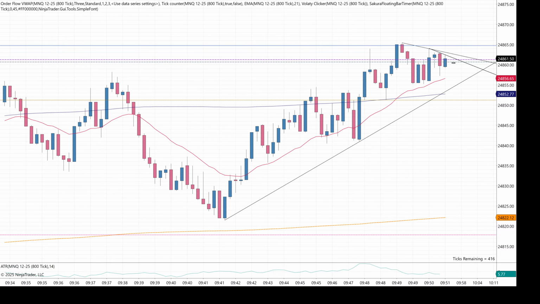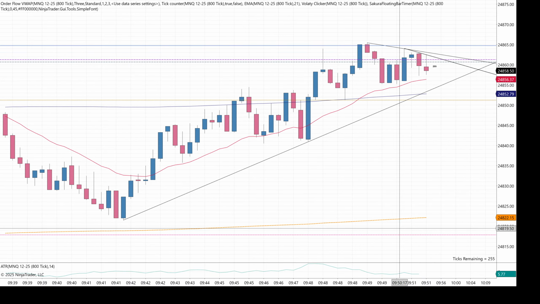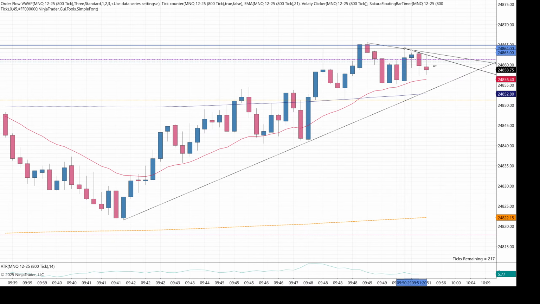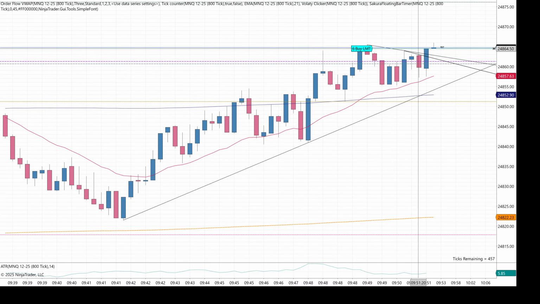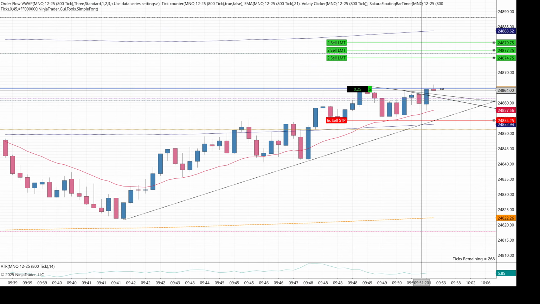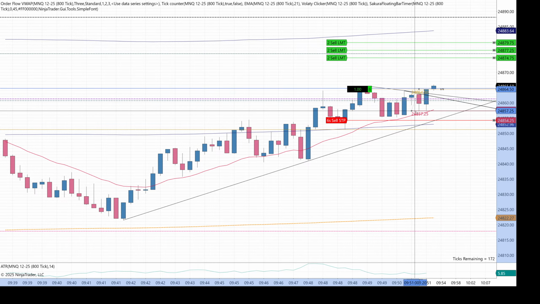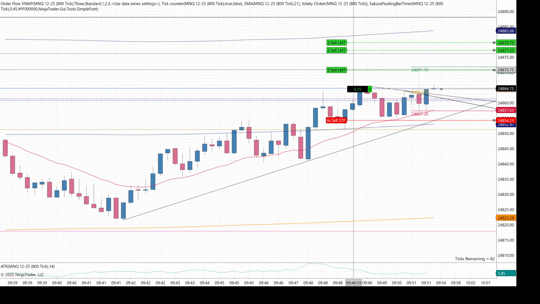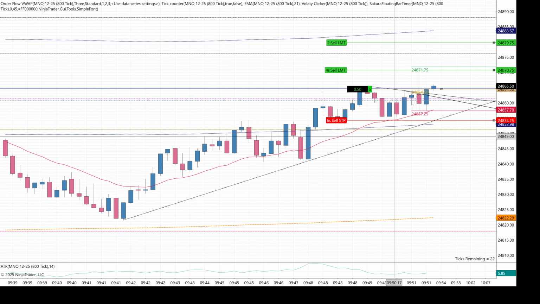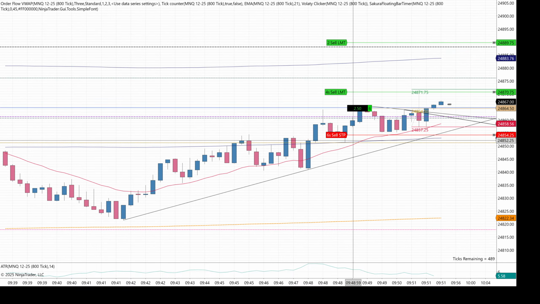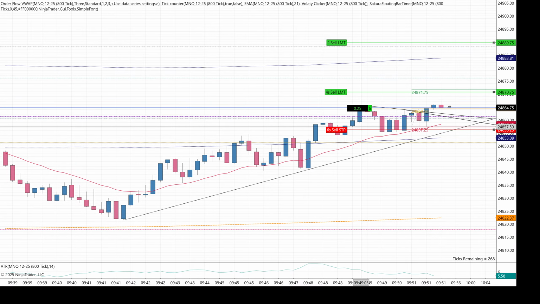But if we get a break above it and a signal, that'll be our signal candle. Which that's exactly what this is. Our target is here. $57.